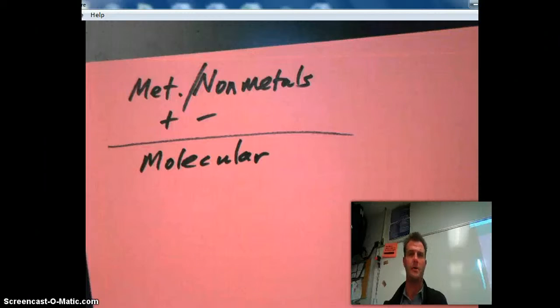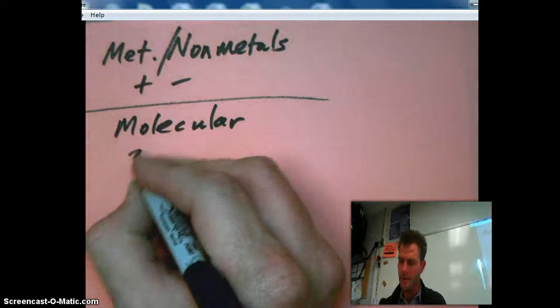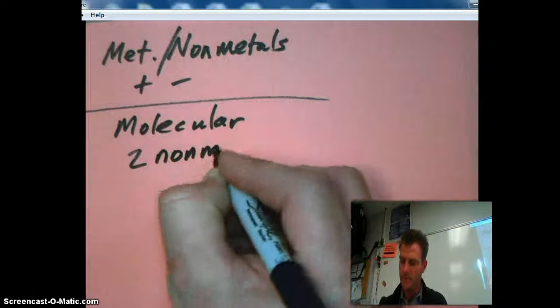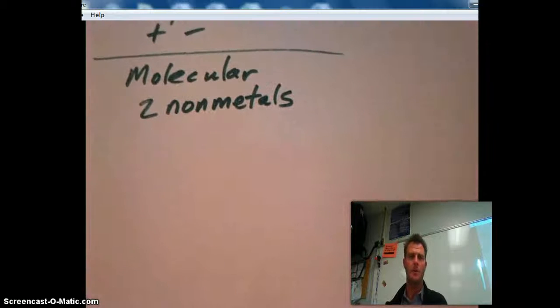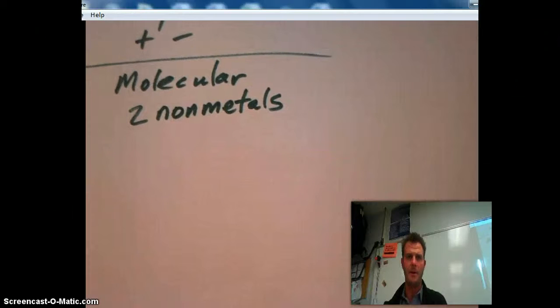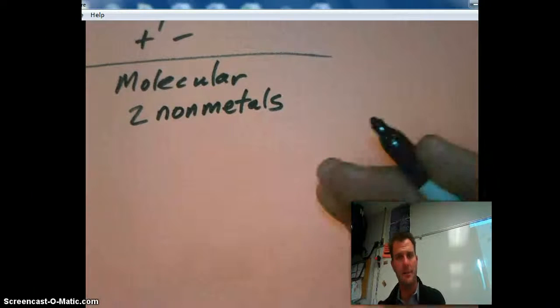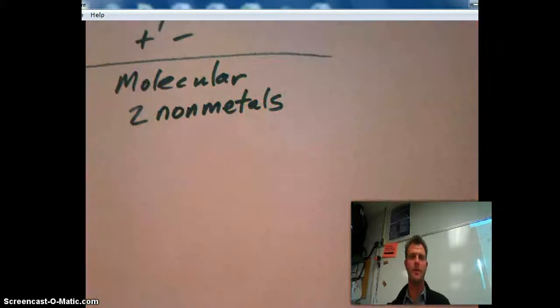Last week we talked about covalent bonds, very strong bonds when they're intramolecularly bonded, or within each other. Molecular compounds are the combination of two nonmetals. And when you put them together, they're going to take on a different naming trend.